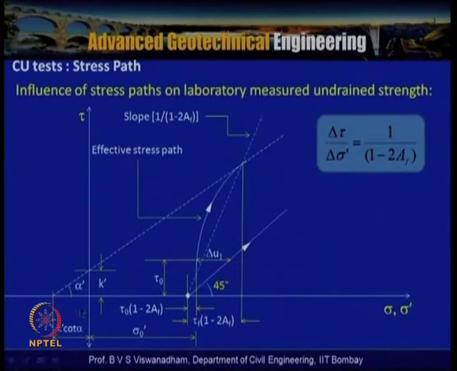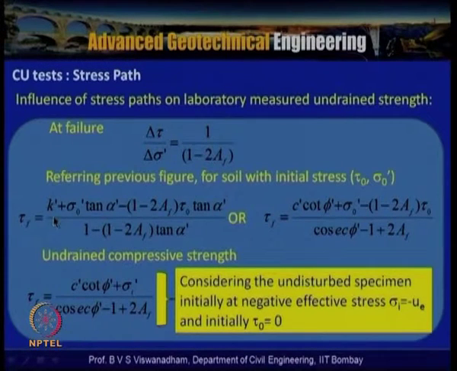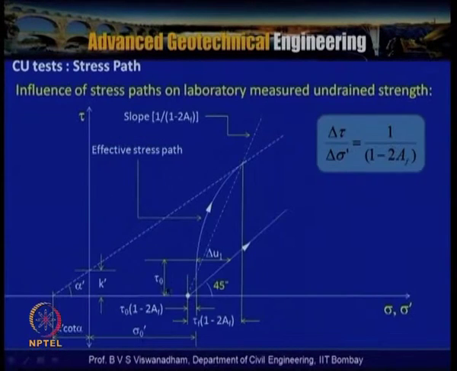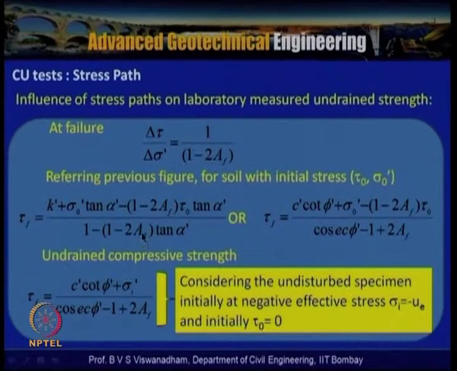So we can write tau F is equal to K dash, which is this ordinate, plus sigma naught dash tan alpha, that is the vertical axis ordinate, and minus 1 minus 2 AF tau naught tan alpha dash.